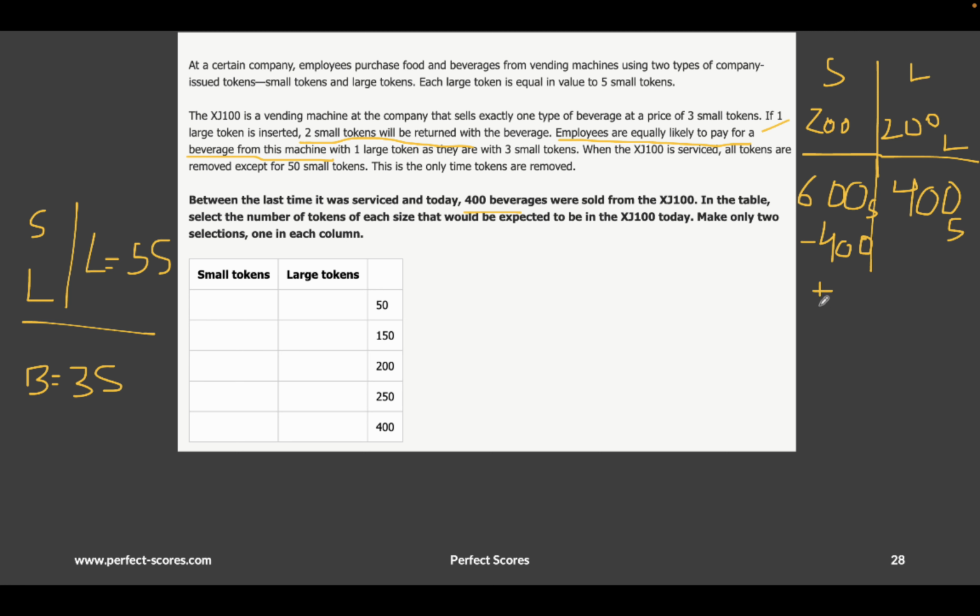However, 50 tokens were already there, which means you'll have a total of 250 small tokens left. So that's actually the answer: for large tokens it's 200, for small tokens it's 250.